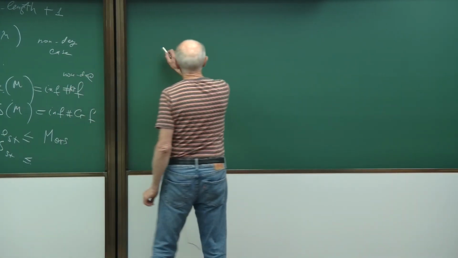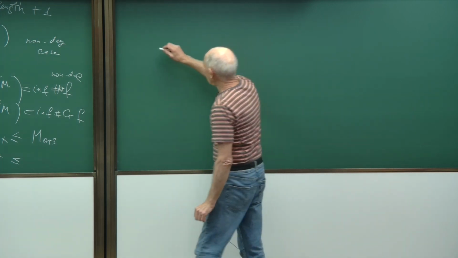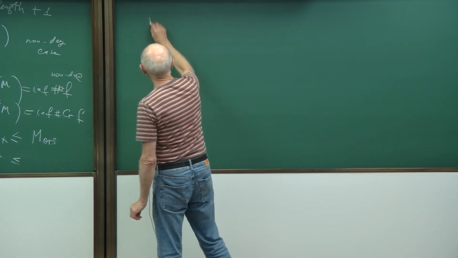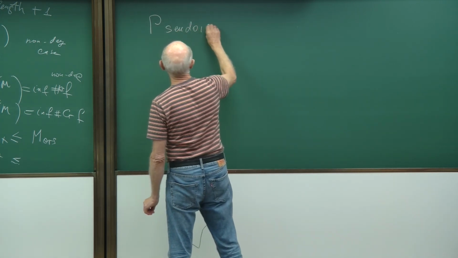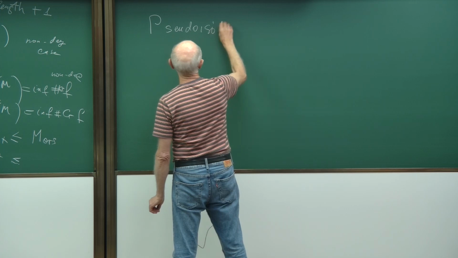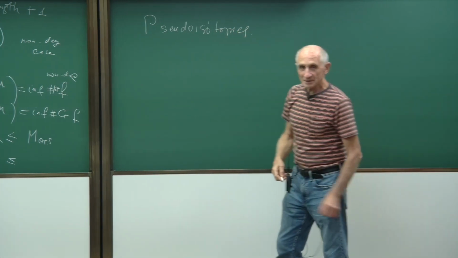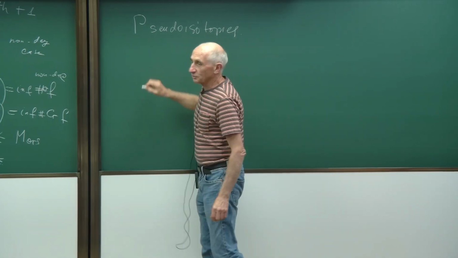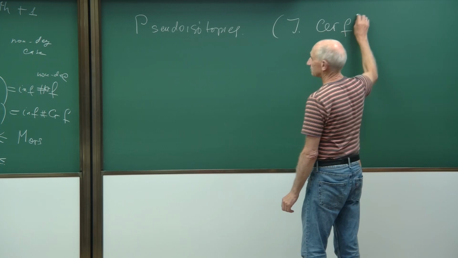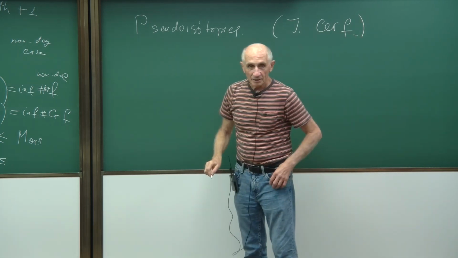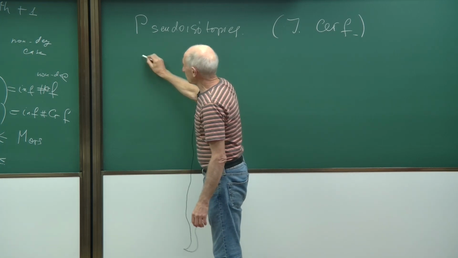Okay, so now I can go back to geometry. Let me talk about this object called pseudo-isotopies. This is a notion due to Jean Cerf. So what is a pseudo-isotopy of a manifold?